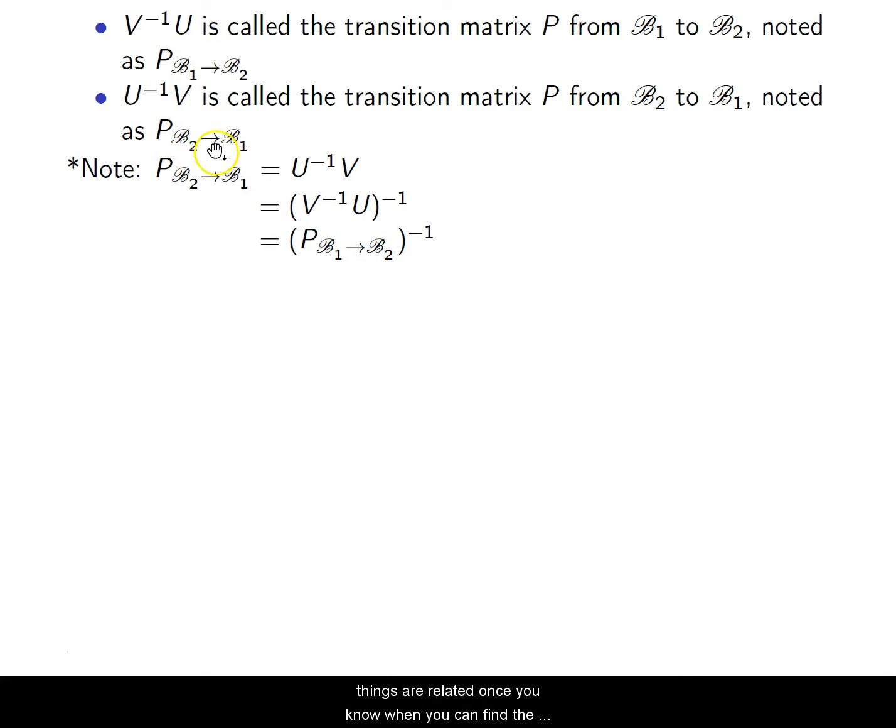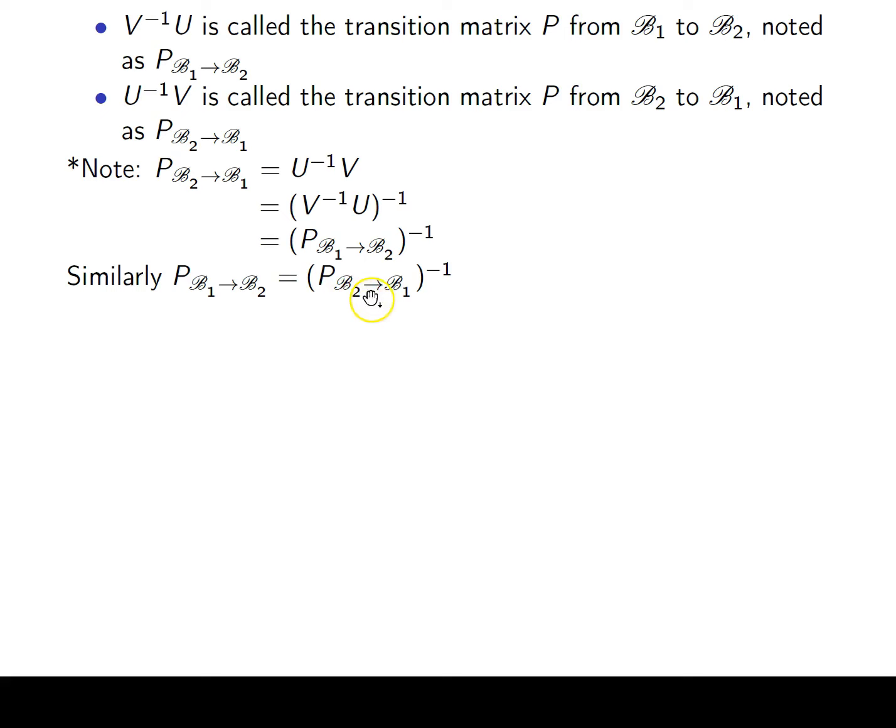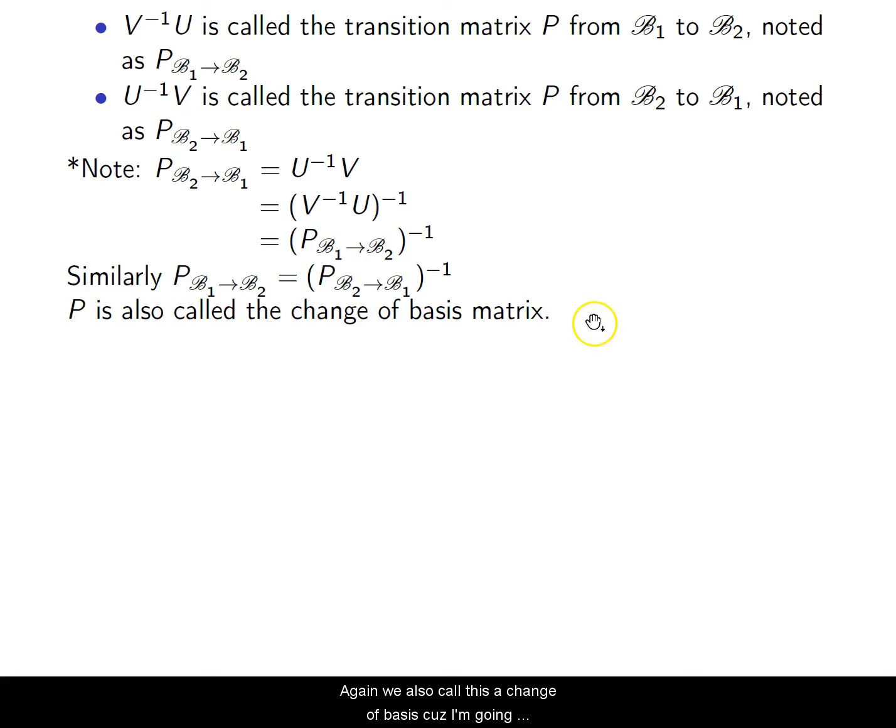Once you know one, you can find the other easily by inverting it, or you can calculate the new one by taking another inverse and doing extra matrix multiplications. We also call this the change of basis because I'm going from one basis to another. These formulas are very, very important.